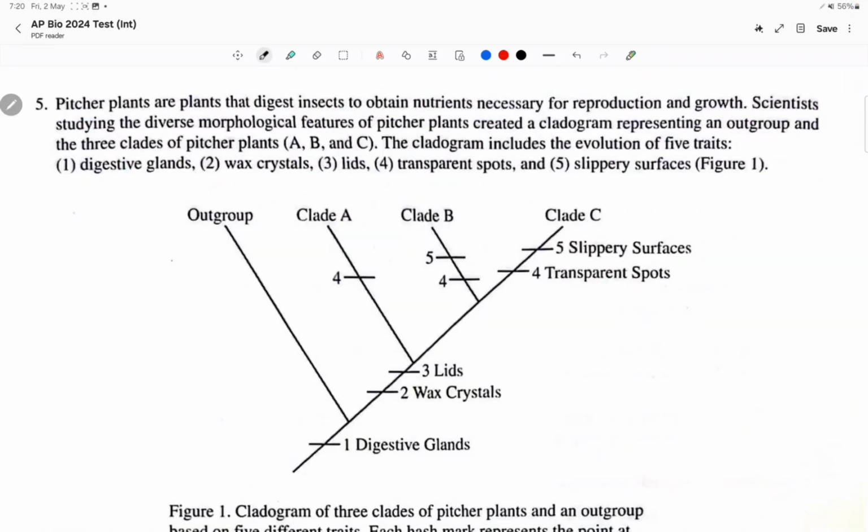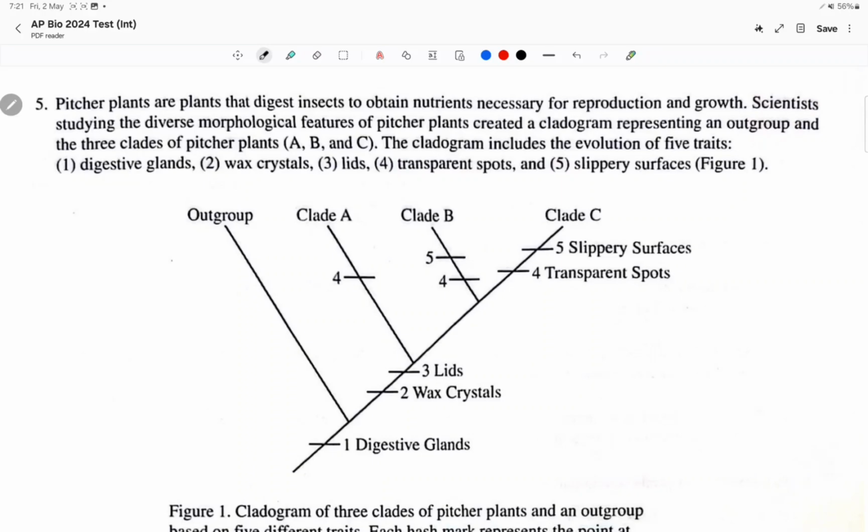So pitcher plants are plants that digest insects to obtain nutrients necessary for production and growth. Scientists studying the diverse morphological features of pitcher plants created a cladogram representing an outer group. Do you guys know what that is? It is the least related group to the rest. It has the least things in common with the rest.